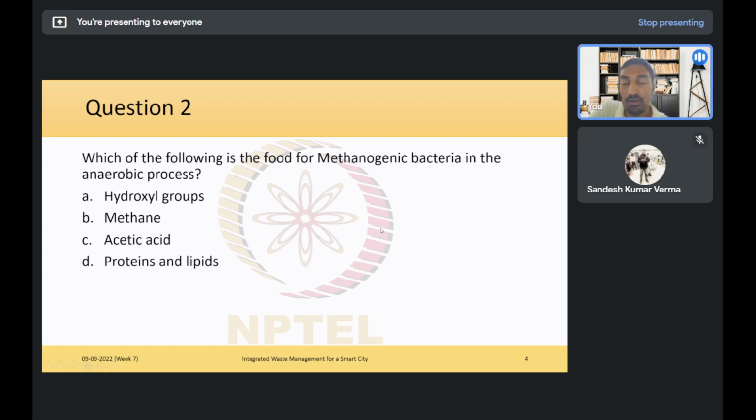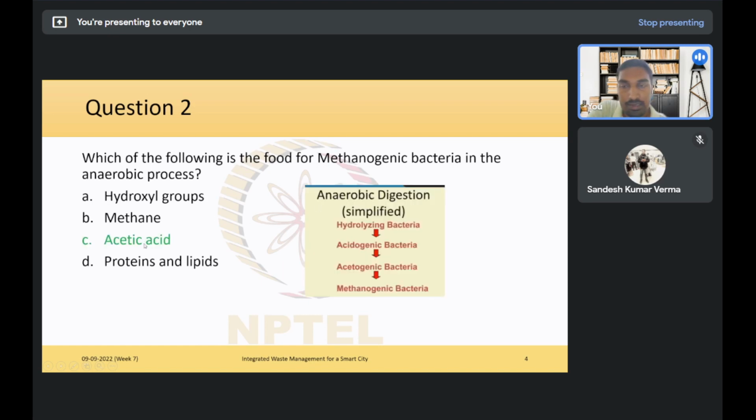Here we are focusing on one particular step within anaerobic digestion, which is methanogenesis, the production of methane. The methanogenic bacteria need a food source, and they convert it into methane gas. So the question is, what is the food source? The answer is option C, acetic acid.